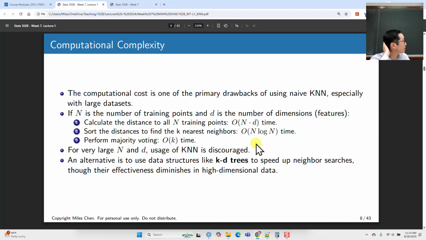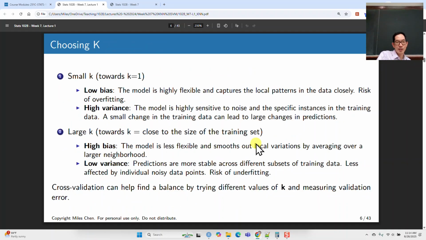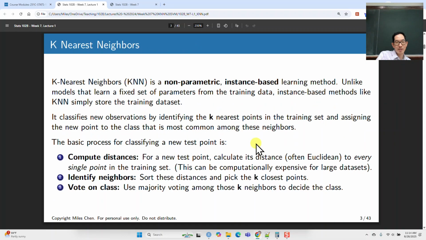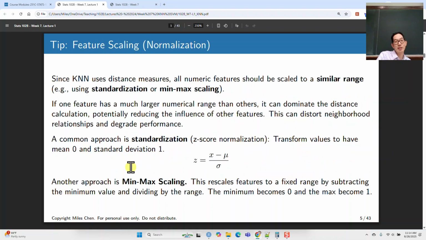I should talk about computational complexity. KNN is still popular, but when your data set gets big, it is discouraged, because of this first step: you have to compute the distance from your test case to every single point in the training data set.